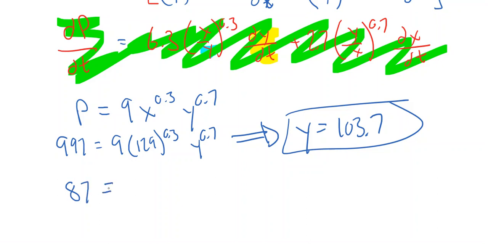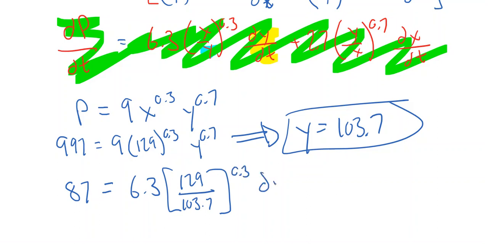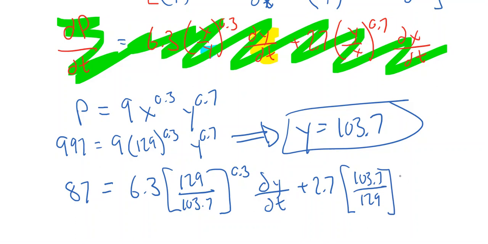Then we have 6.3 times x, which is 129, divided by y, which is 103.7, raised to the 0.3 power, times dy/dt, which is what we're looking for, plus 2.7 times 103.7 over 129, all raised to the 0.7, times dx/dt. And dx/dt, this is the nice part of this problem, is 0.